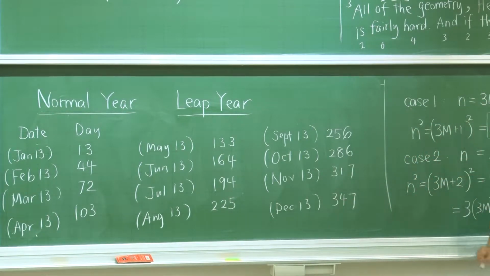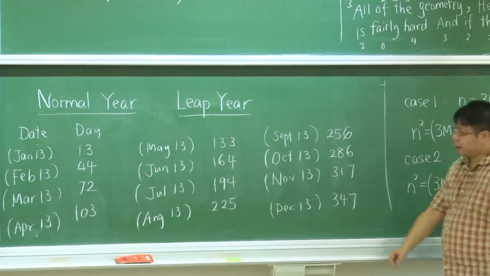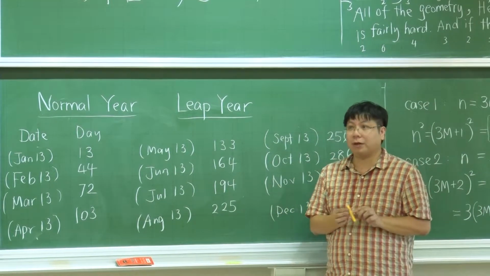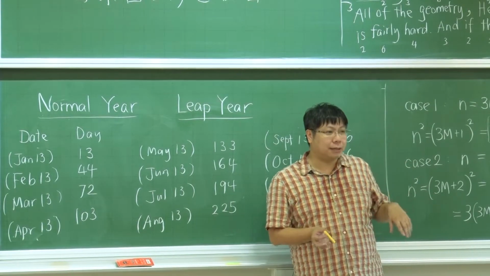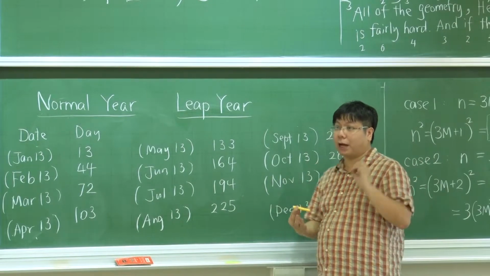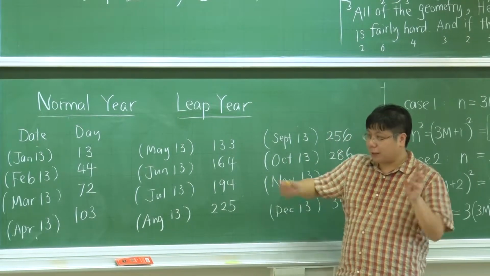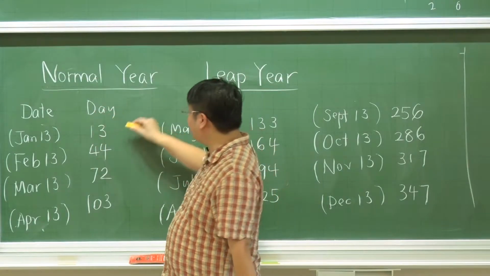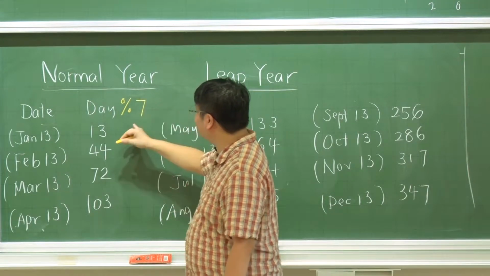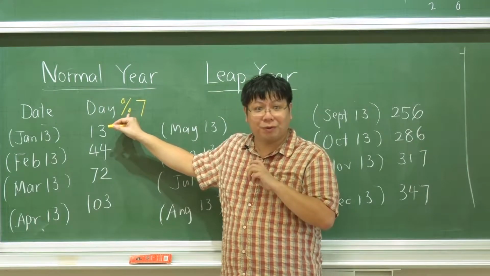Now, because we are focusing on which day of the week we are looking at, we are actually interested in something else: you divide by 7 and take the remainder after dividing by 7. So let me change each one of them to the day modulo 7. You have studied this already in your computer programming, right?